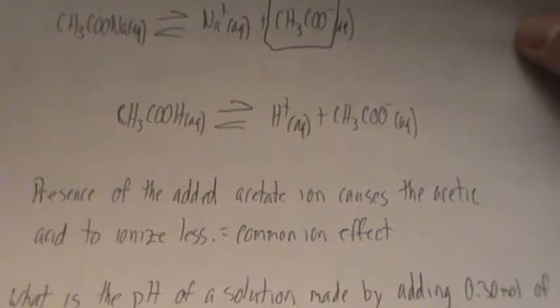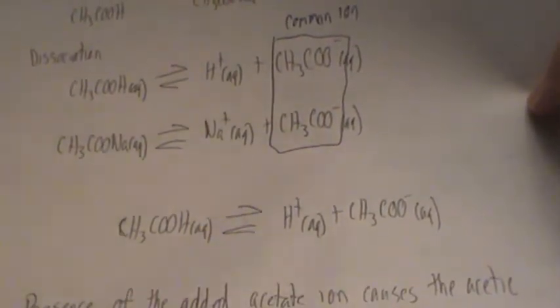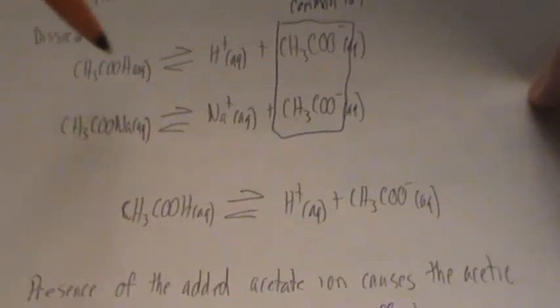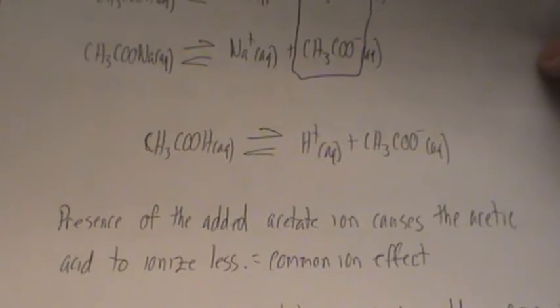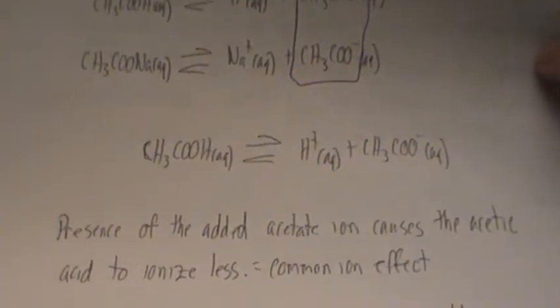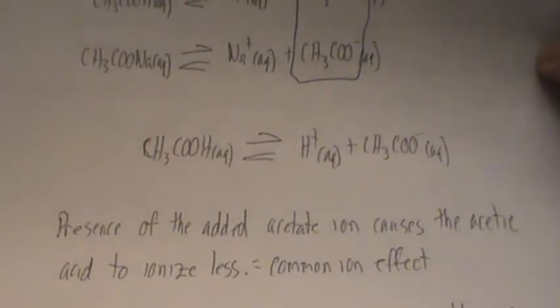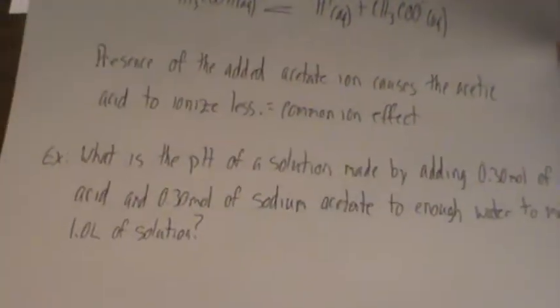It would stay more as acetic acid, and less ionization means that the pH wouldn't be as low. So let's look at an example of this.